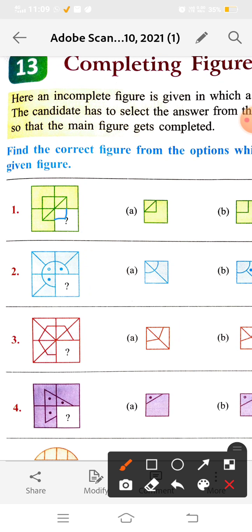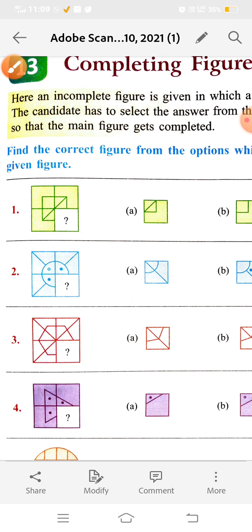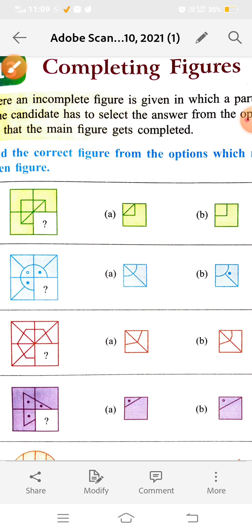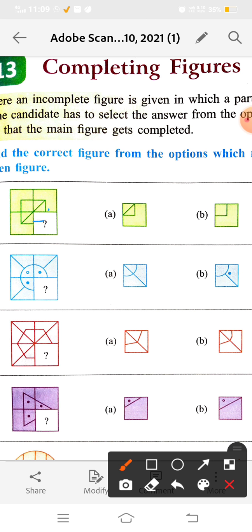Okay, it means we need a square in upside left side, so option B. Option B is our right answer. See, option B, make here option B. So this is our right answer.